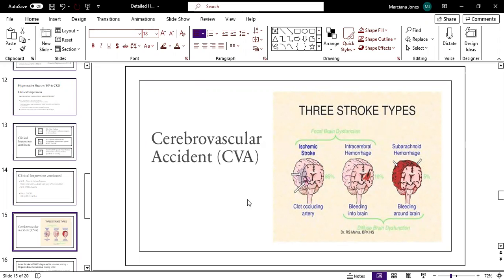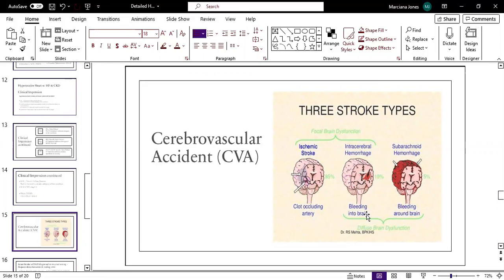I'm not sure if you're aware, but there are three stroke types. You're going to have ischemic stroke, where a clot is occluding an artery, which clogs it up. Intracerebral hemorrhage, and that's bleeding in the brain.